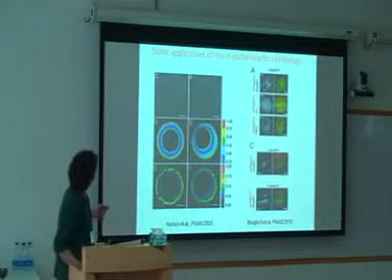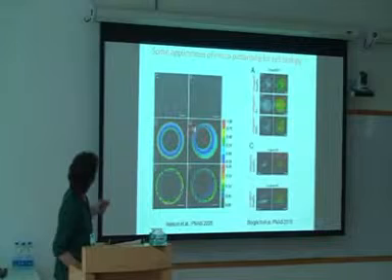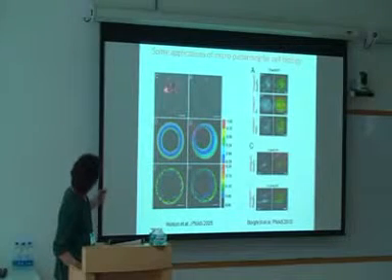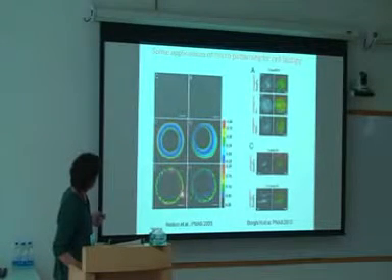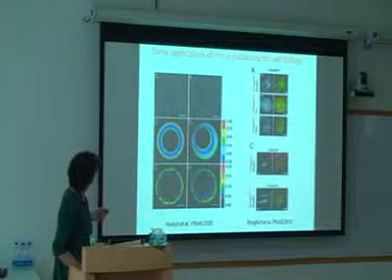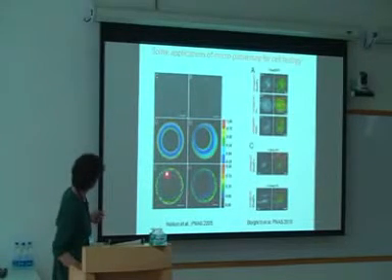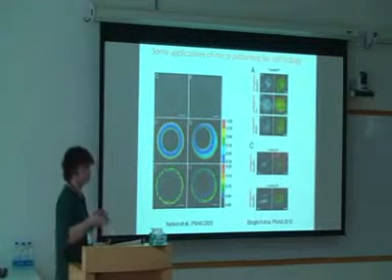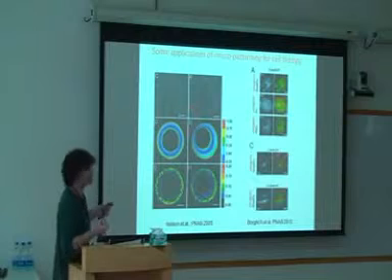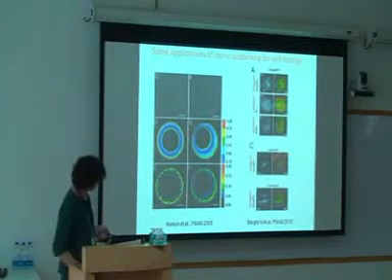So here you have other examples of using clever ways of using patterns. Here you have a ring which is either centered or off-centered, and they have looked at where the cells proliferate. You can see that proliferation occurs mostly at the edge of the pattern, and the idea was to say that cells which are at the edge are under more tension, and that promotes proliferation.